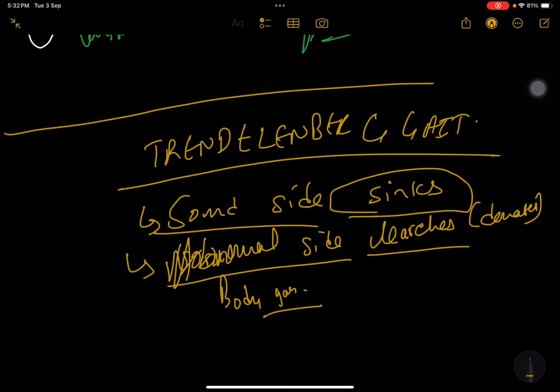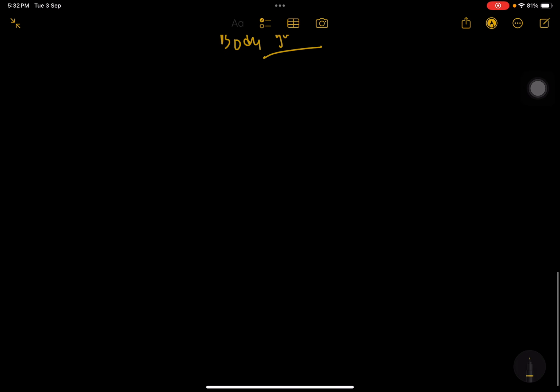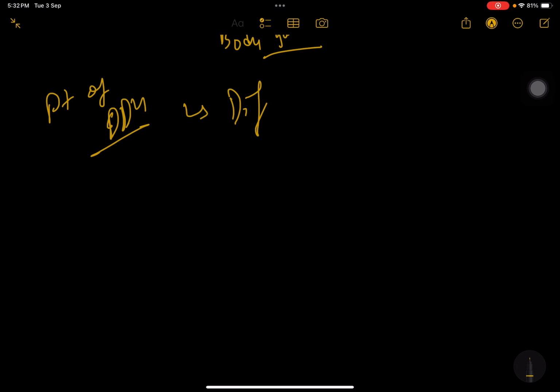I'll explain this more in the next topic. Just understand about Trendelenburg gait. How will the patient of DDH present to you? The patient of DDH will present with difficulty in which movement? You can just remember, very easy.